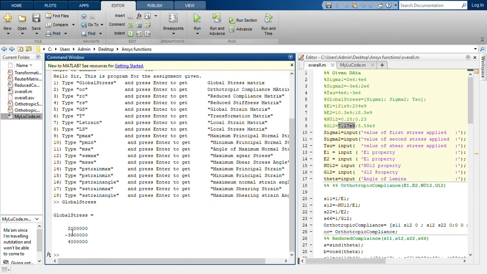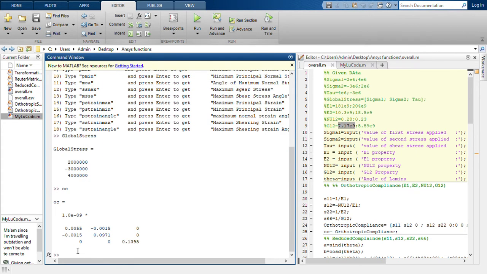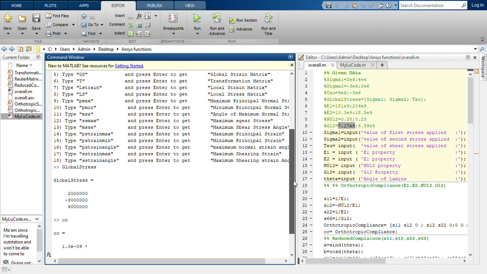This is the matrix of global stress given in the question itself, so no problem there. Second, OC is for orthotropic compliance matrix. I type OC, and we get the orthotropic compliance matrix, and we can cross verify this with the values given in the book. It comes perfectly, so no problem till this part also.